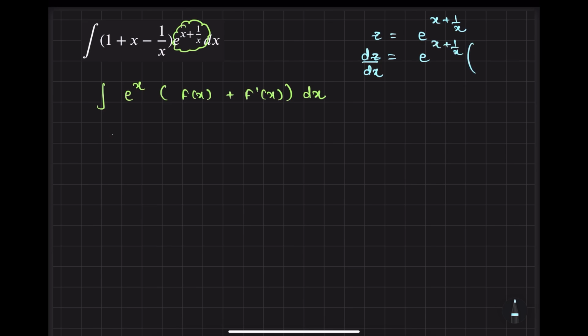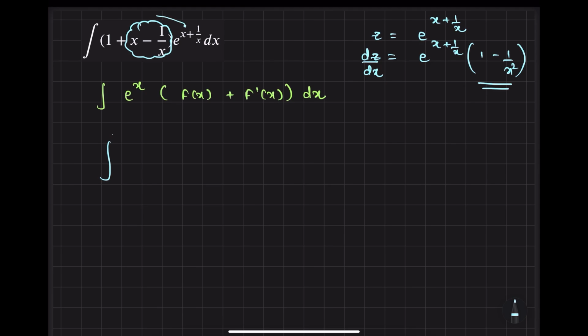Now you have to differentiate the argument. So differentiation of x is 1 and the differentiation of 1 by x is minus 1 by x square. Now look at this. You have e power x and you can manipulate this to make it this. What I am trying to do, look at this.